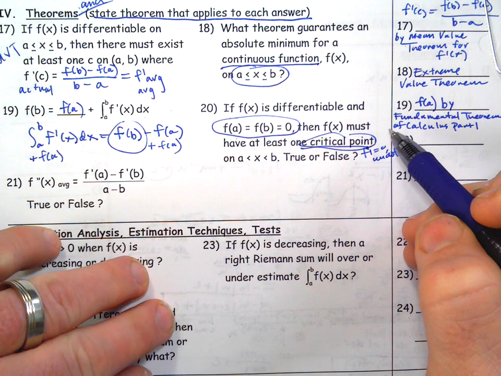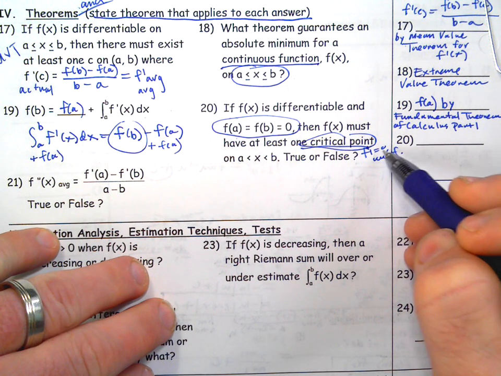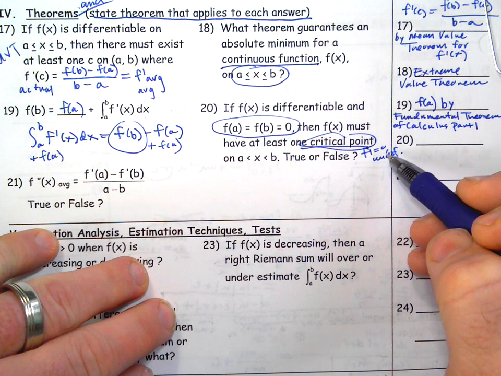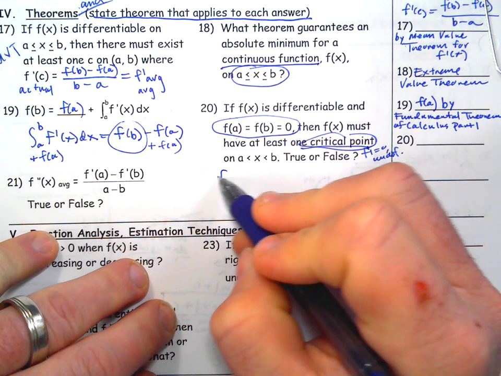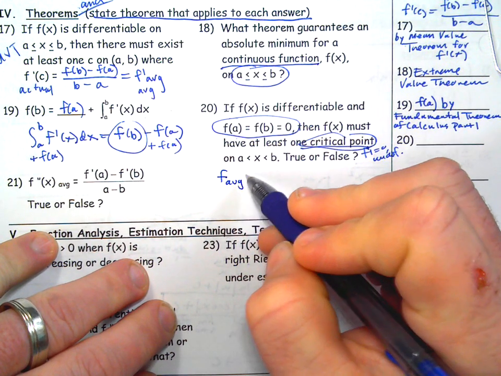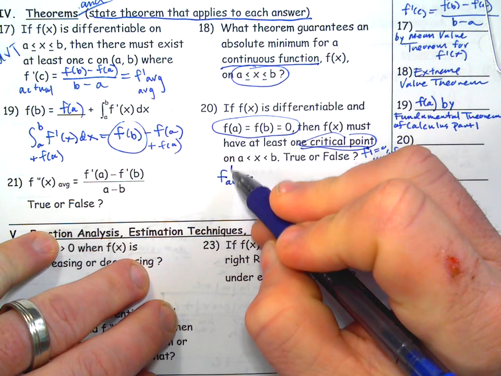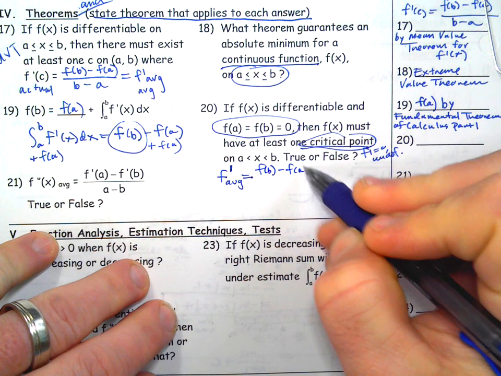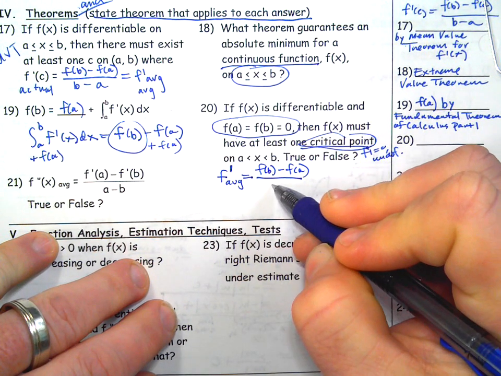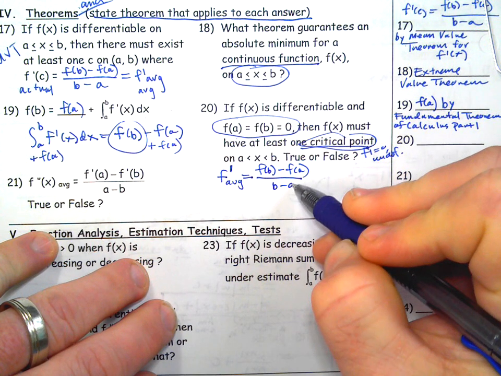So if you're guaranteeing that the derivative is going to equal a certain value at some point, this might be the mean value theorem for derivatives, right? So we might say, let's find the average derivative. That'd be f of b minus f of a over b minus a.